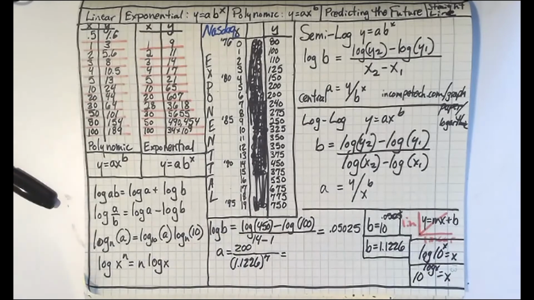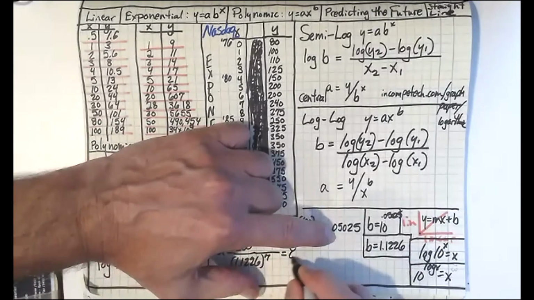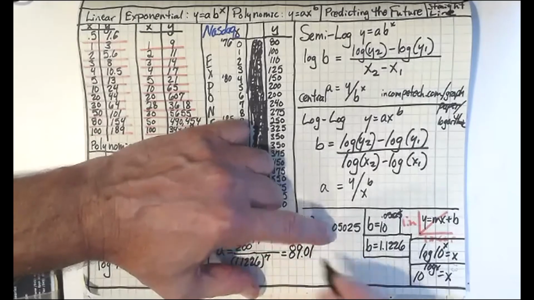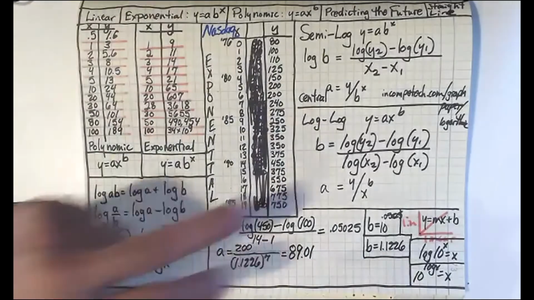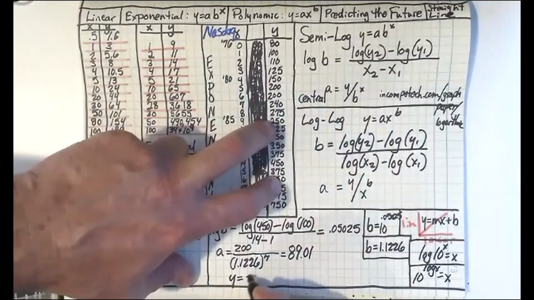So what is 1.1226 to the 7th, and then take 200 and divide it by that answer, and I get 89.01.